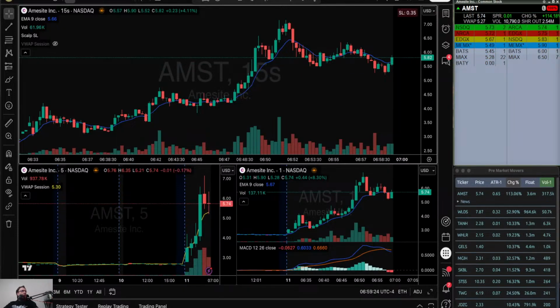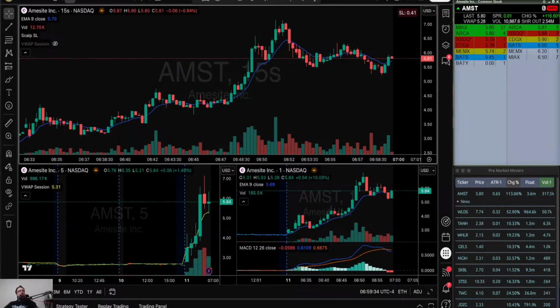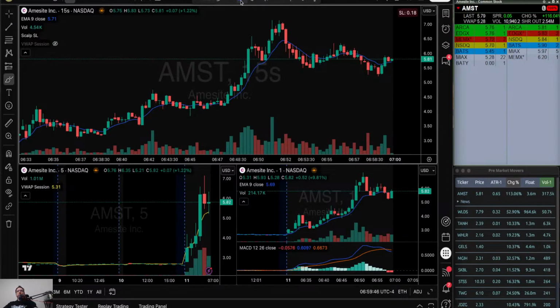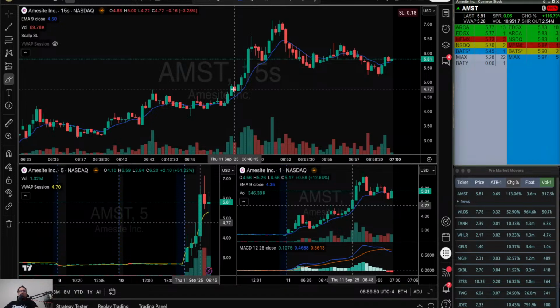I'm gonna go over that trade real quick. AMST was a trade that was done earlier. As you can see here, this area right here was good.